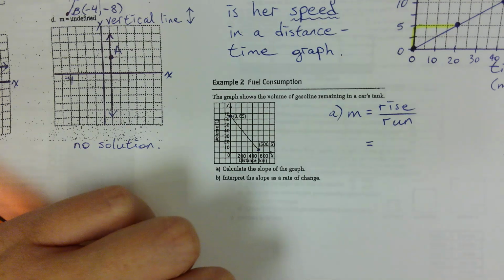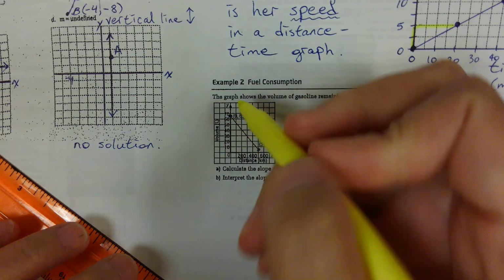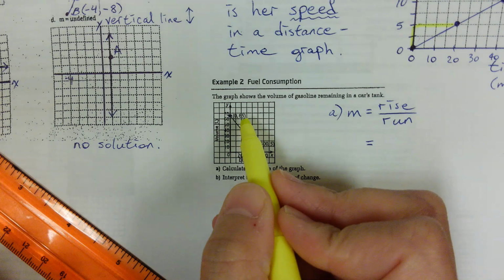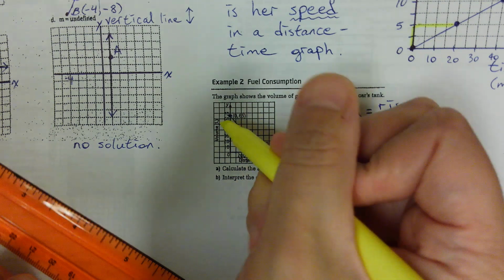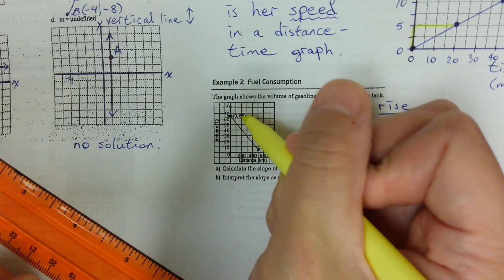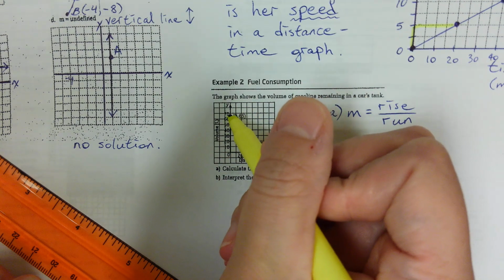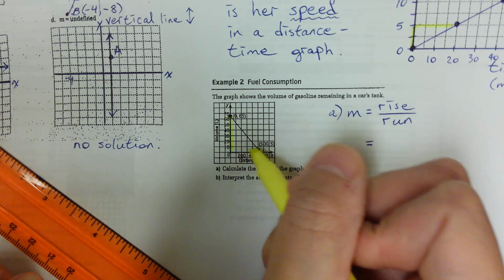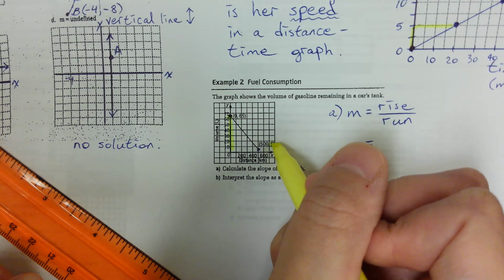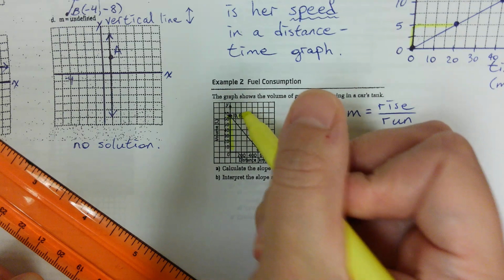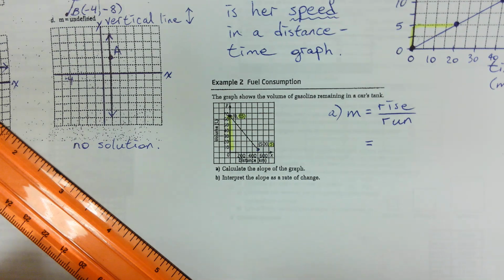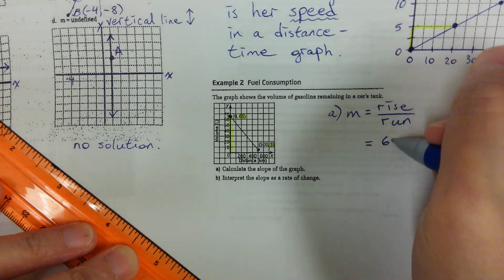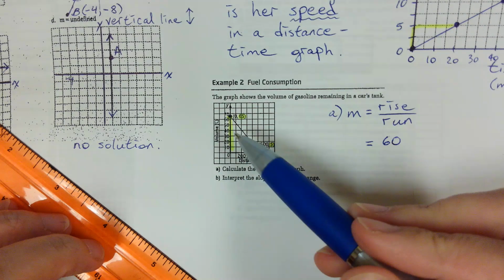Okay, so for the rise over run, my rise is not 65. Even though this says 0 and 65, my rise is actually only 60 because this point is only up to the 5, right? So you're actually looking for the difference between 65 and the 5, and so your rise is 60. But notice the direction of the line.